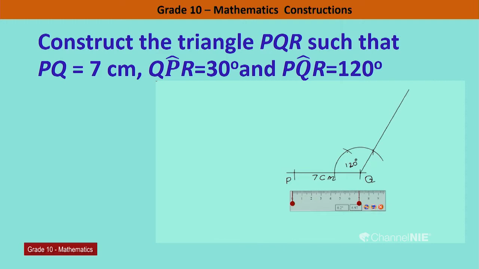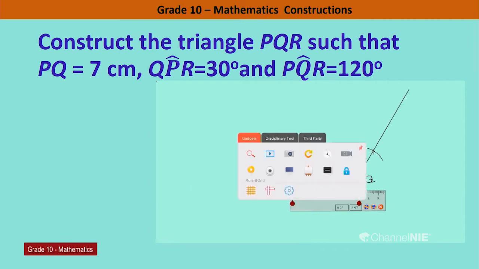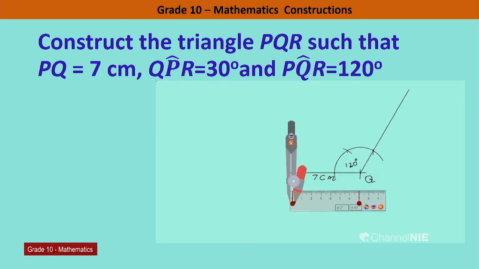Use your pair of compasses and let us construct 30 degree on P. How can we construct 30 degree? When you were in grade 9, you learned 60 bisecting, you can construct 30 degree. Keep the steel point on P. You can take any radius, draw an arc.